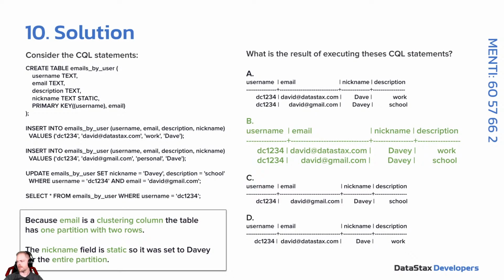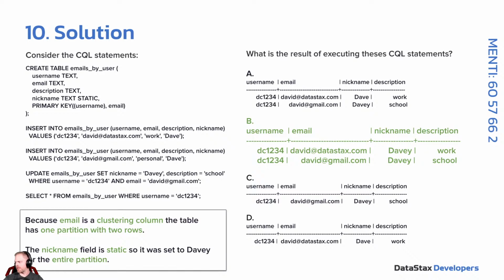A static column has the same value for all rows in a partition. So even though we updated it for a specific row, it updated for the entire partition. If you were to use the SSTable dump tool and look at the underlying tables, you would see there's only 1 entry in the entire partition for the nickname. So it applies to every row in the partition.